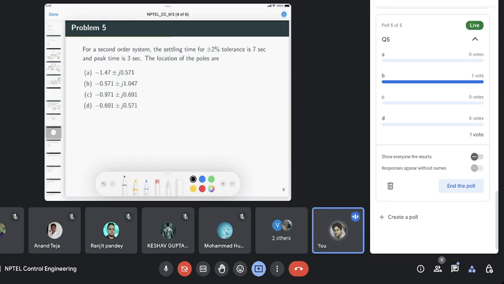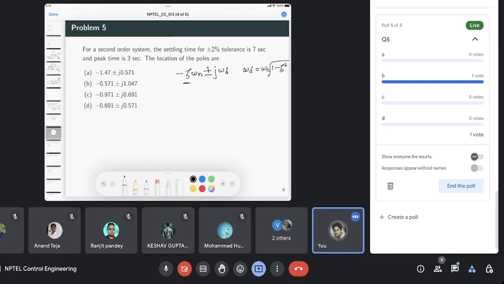And that pole location will be given by this, omega d, where omega d is the damped frequency. So if you can determine the damping ratio and the natural frequency, then you have the location of these poles.